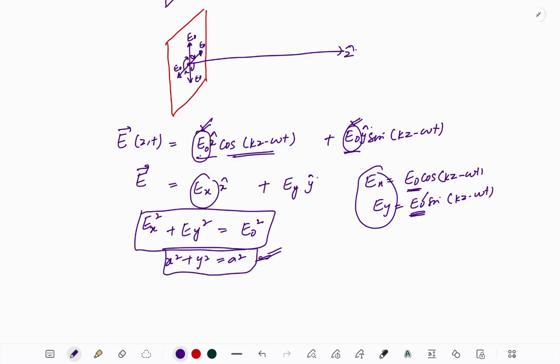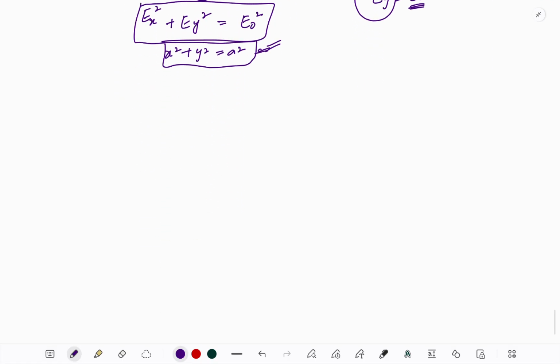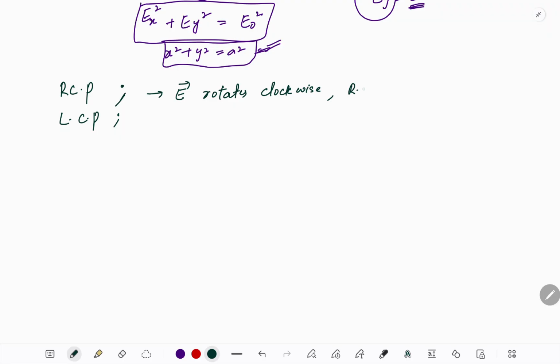So there are actually two things. One is the right circular polarization, and another is the left circular polarization. I told you how visually you can understand it, but sometimes you have the equation and you have to understand from the equation whether it is right circular or left circular polarization. If the electric field rotates clockwise, then it is right circular polarization.